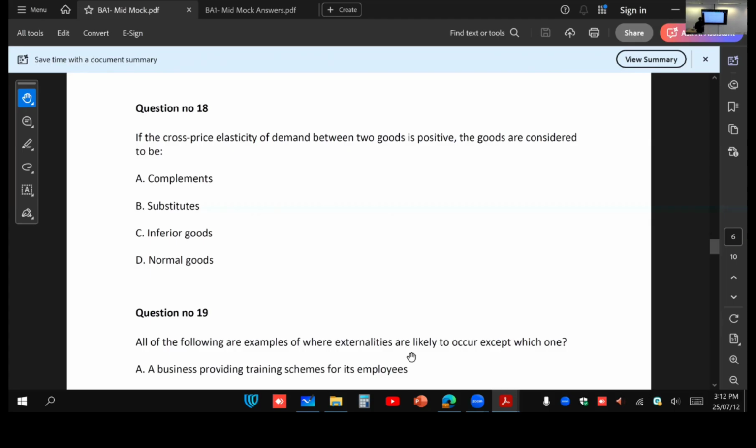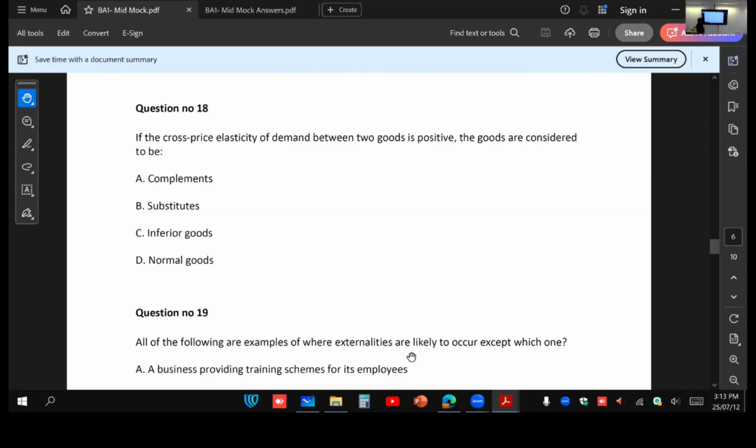Substitutes. Yes. Complements. Normal goods. Substitutes. Why do you say so? What do you mean by cross price elasticity of demand? Did we learn something about it?